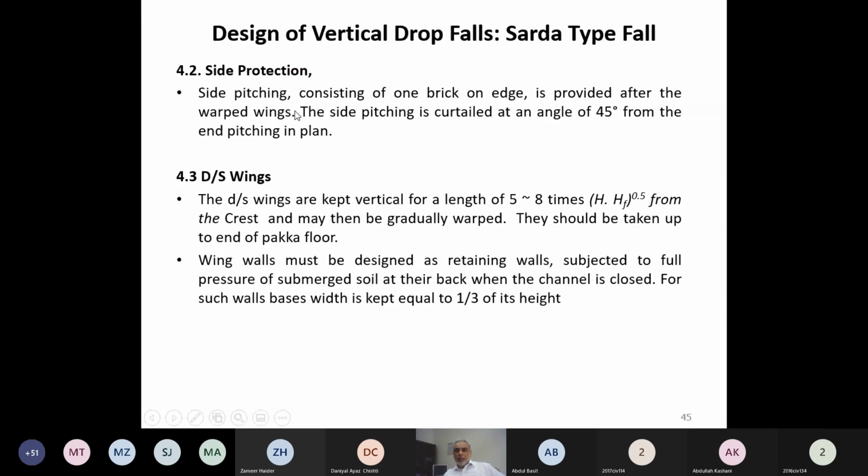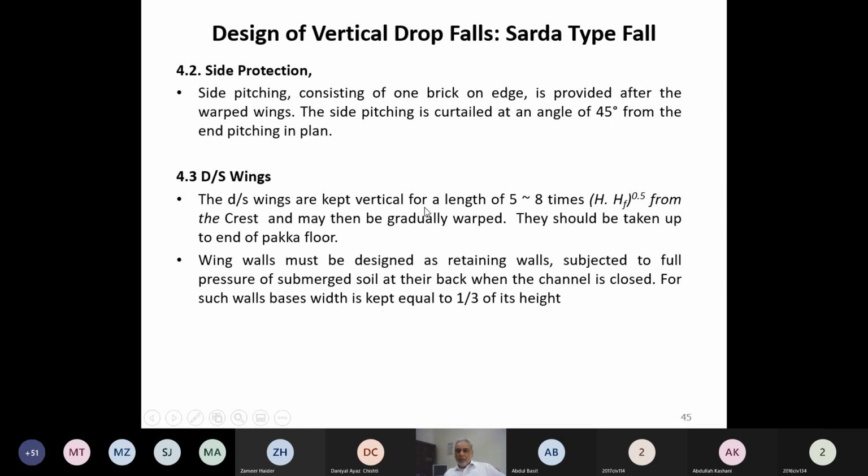Side protection will be provided on both sides of the canal, so that the side should be protected in the initial part, and then it will be terminated by giving an angle of 45 degree. At an angle of 45 degree, it will be finished. It will not be finished vertically.